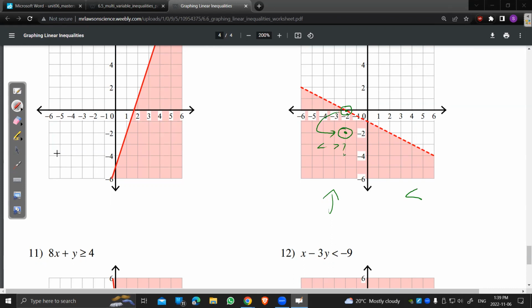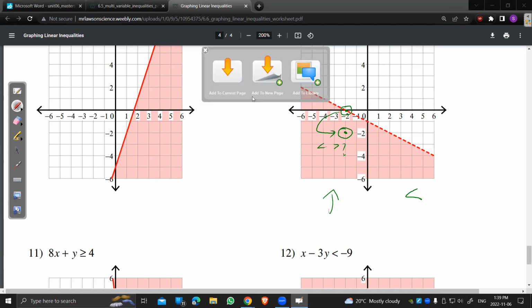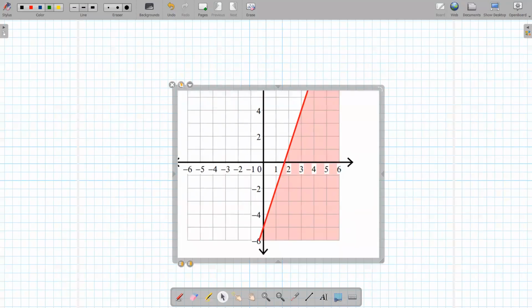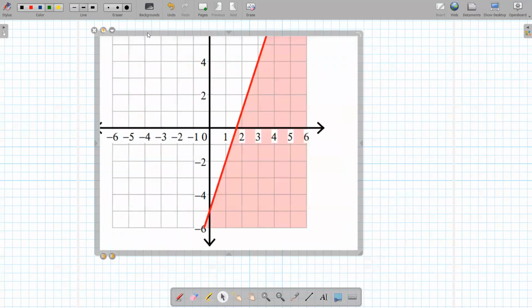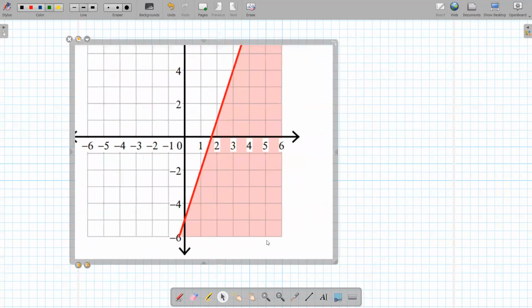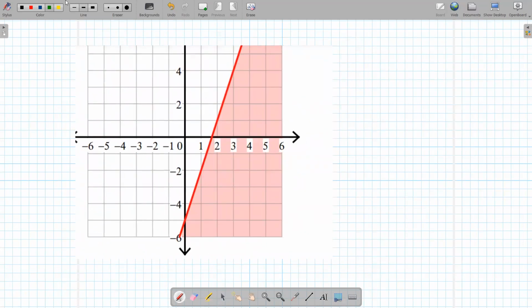For the next question, we're going to come up with the inequality. Hopefully we can. I think we can. All right, first, let's decipher what the equation of this line is. Do you see anything? Y-intercept, the slope. How do you go about finding the equation given a graph? The y-intercept is -5.